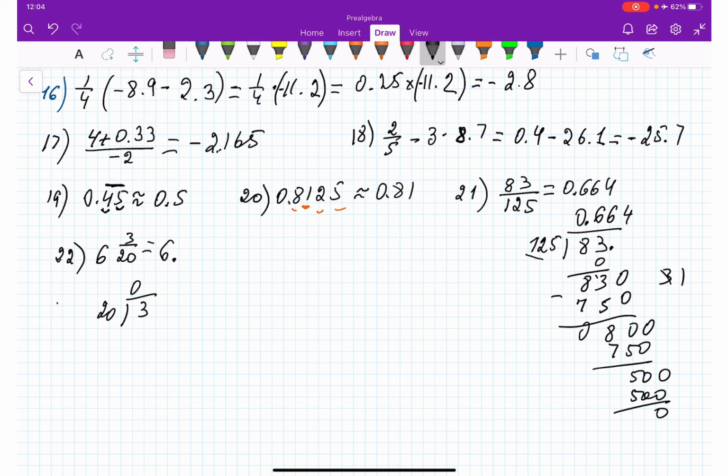It's going to be 0, decimal point. So 0.3, adding 0. 30 divided by 20 is 1 times 20. Remainder is 10. 100 divided by 20 is 5. So I have 0.15, plus 6, it's going to be 6.15.